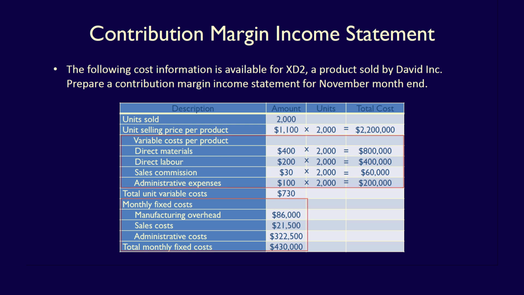contribution margin income statement. We start the same way as the GAAP income statement: the company name, David Inc., the name of the statement, which in this case is the contribution margin income statement, also called the CVP income statement, and the date, month ended November 30th, 2000X6. The first line item is identical for both statements, sales revenue of $2,200,000.